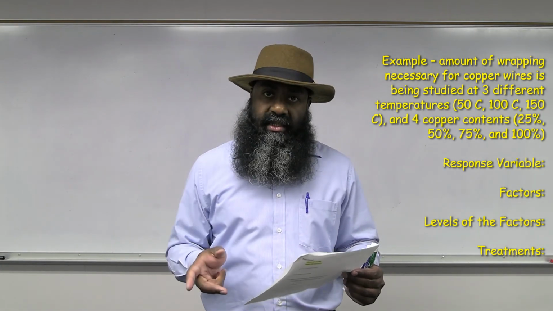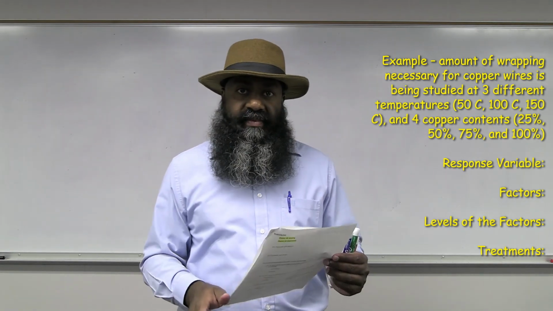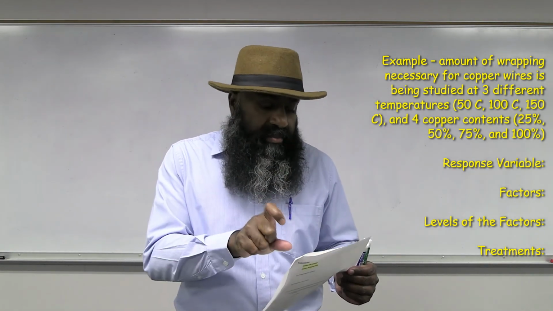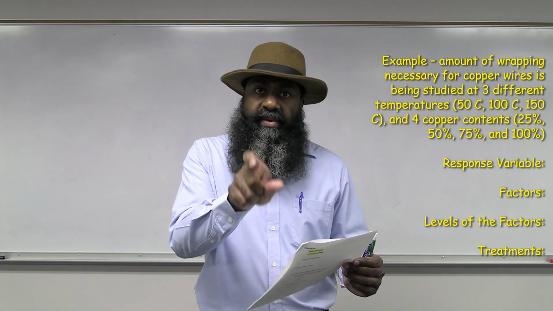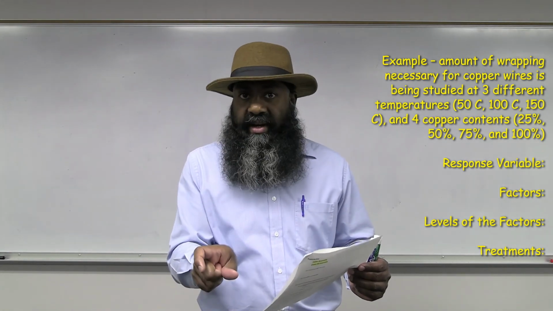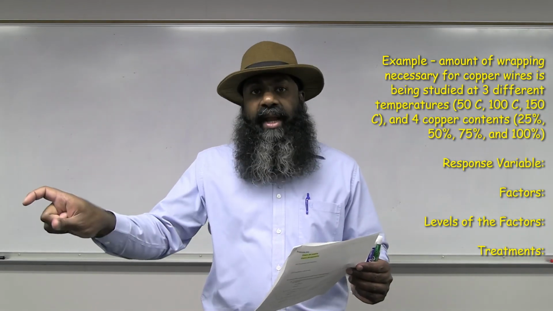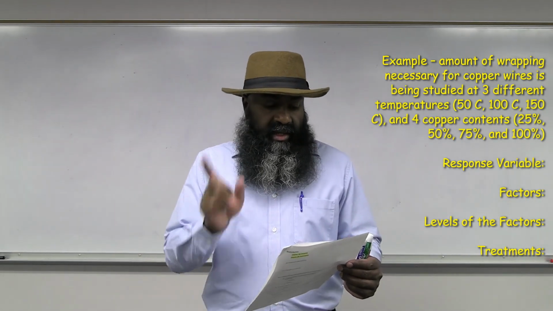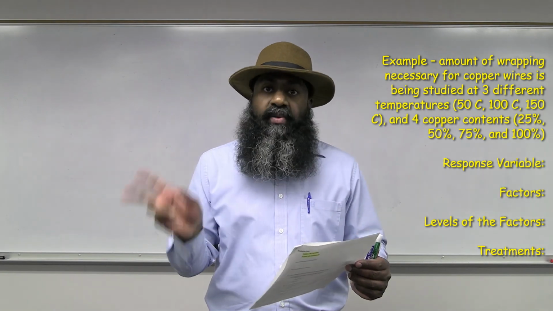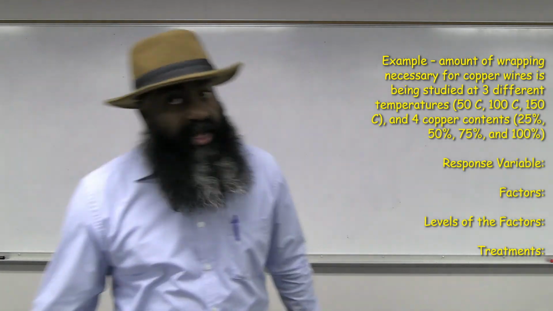And the treatments. How many treatments will I have? I will have 3 times 4 because I have 3 levels in the first factor and 4 levels in the second factor. We said you multiply the levels of the factors in order to obtain the total number of treatments. So I will have 3 times 4, 12 treatments. And what are those treatments?